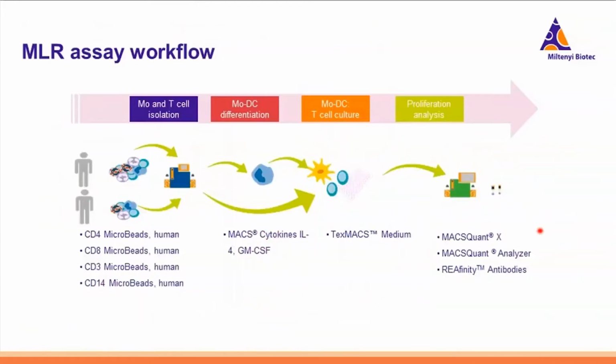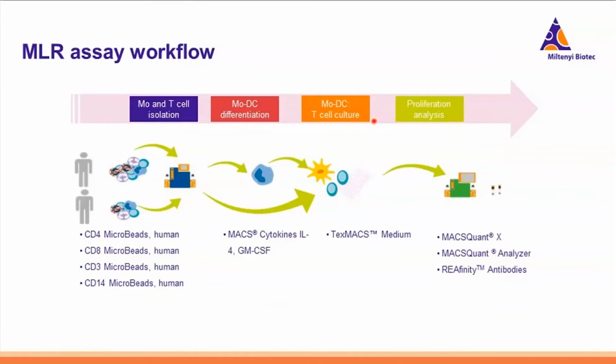This is an example of an MLR workflow. It involves monocytes and T cell isolation. And for this purpose, products such as CD4, CD8, CD3, CD14 microbeads, and our technology autoMACS are suitable. The assay also involves dendritic cell differentiation from monocytes where the cytokines IL-4 and GM-CSF are essential factors for the differentiation.